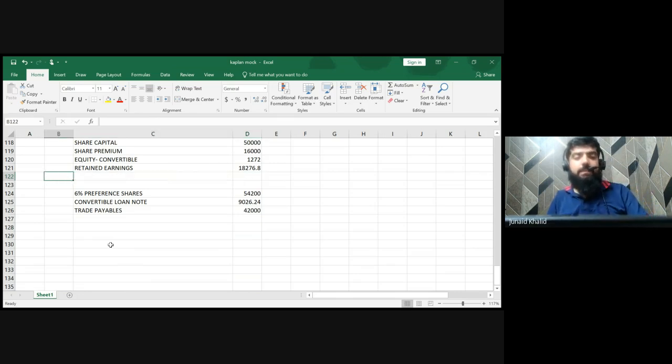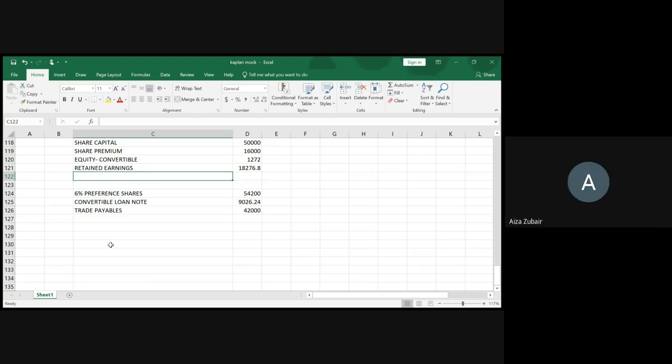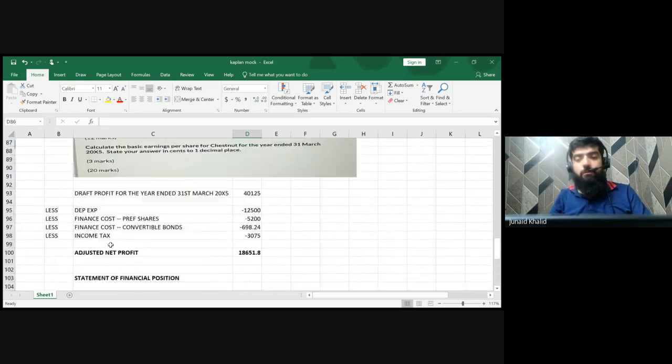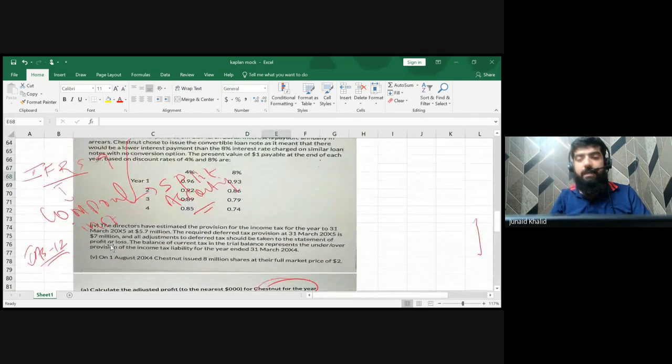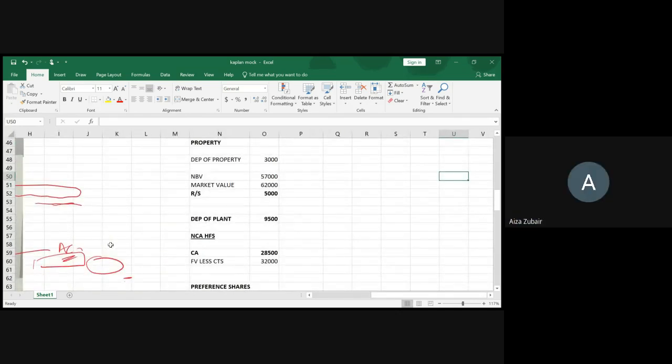Any other equity component that will be recorded over here? Okay, the revaluation surplus. So what was the amount of revaluation surplus that we have calculated? 5,000.